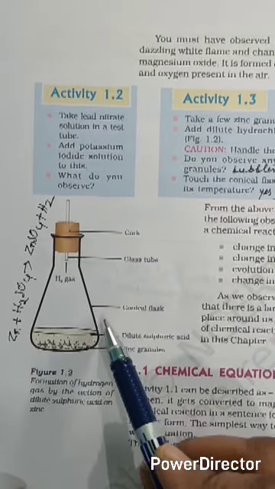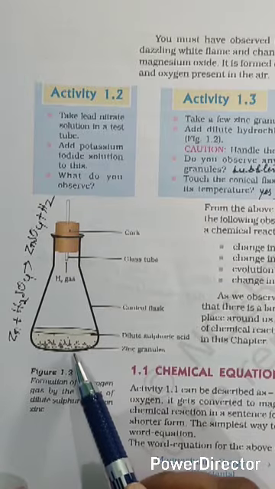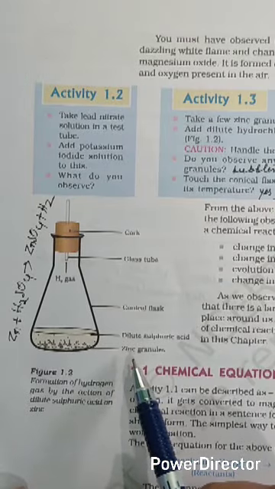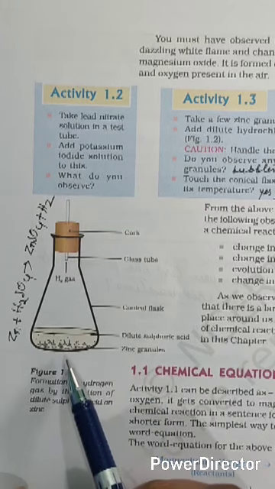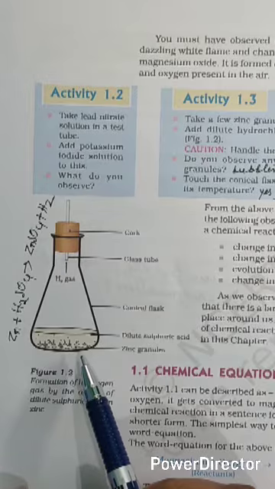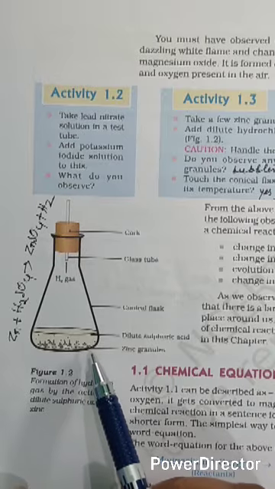This is a conical flask. Okay, here we have to take some zinc granules. So what is the color of this zinc granule? You know, it is somewhat bluish white or silvery gray.